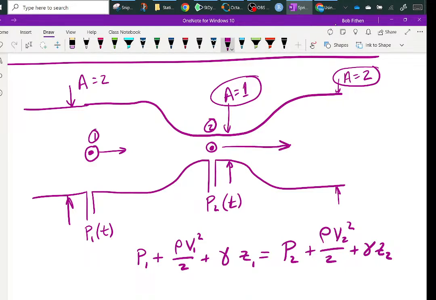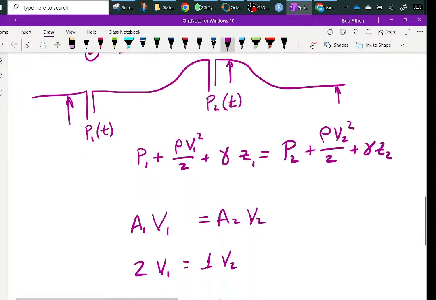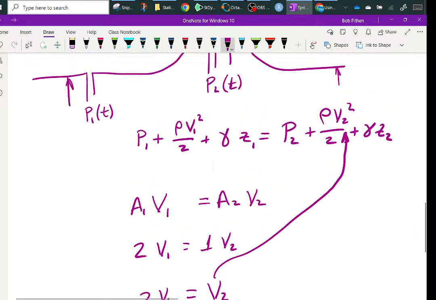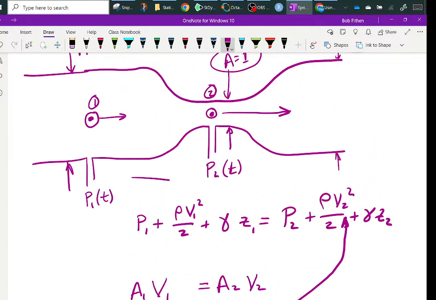So I speed up. And since I speed up, the pressure at 2 is going to drop off. So what I'll do is take this and put it right up in here. I'm also going to recognize that the elevation is the same, and so this and this can be canceled out.